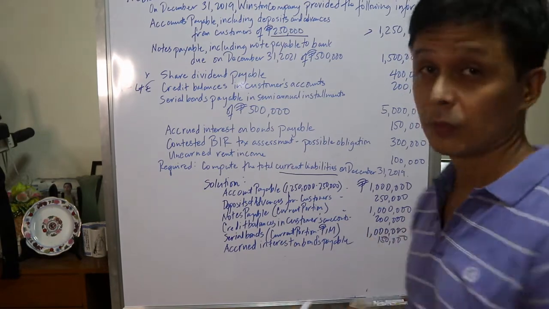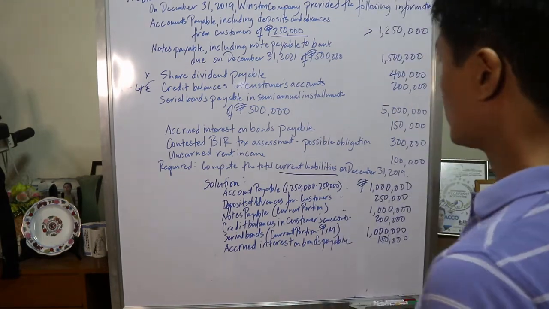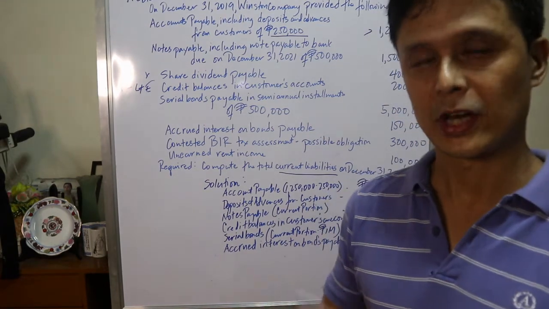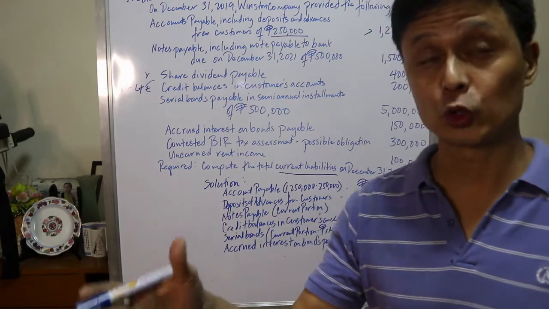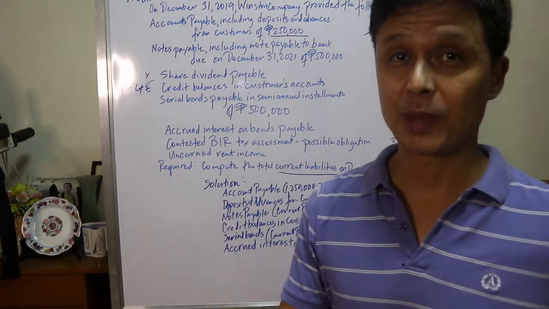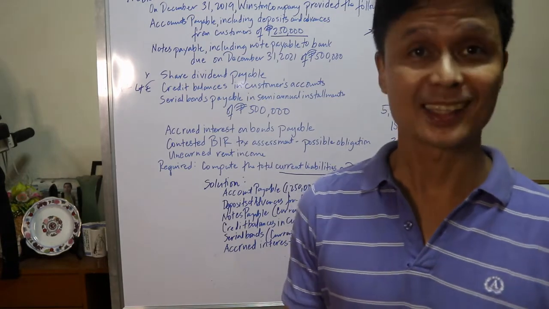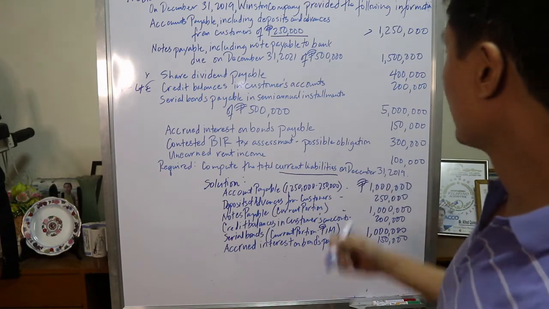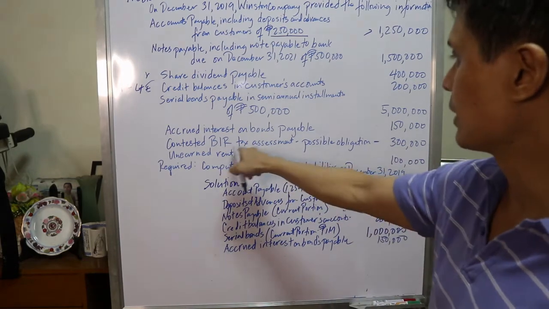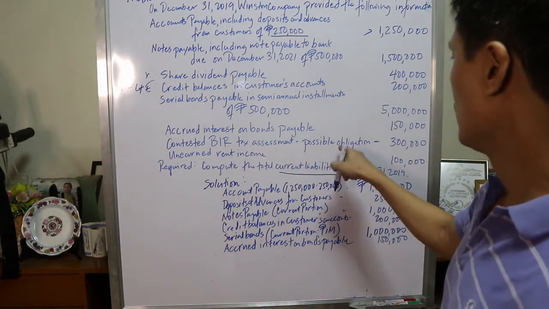Now, bonds payable is typically classified as a non-current liability, but the portion that falls due should be treated as a current liability. So 150,000, and then the next one is the contested BIR assessment.